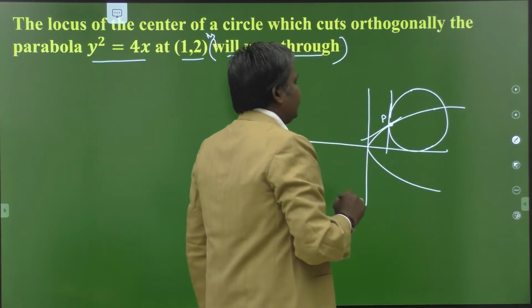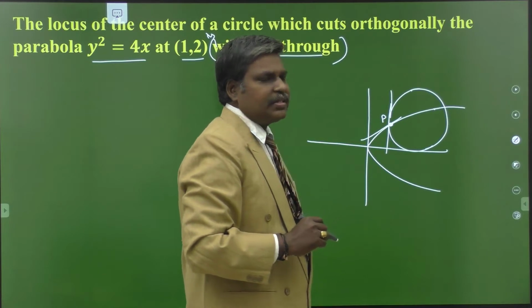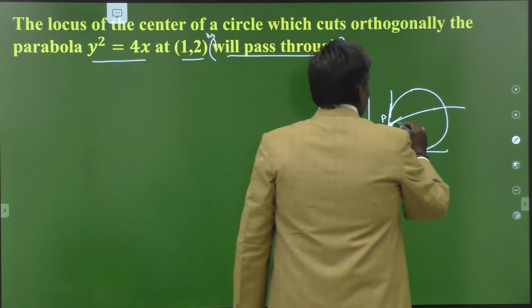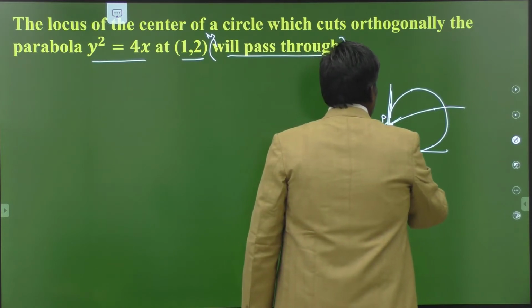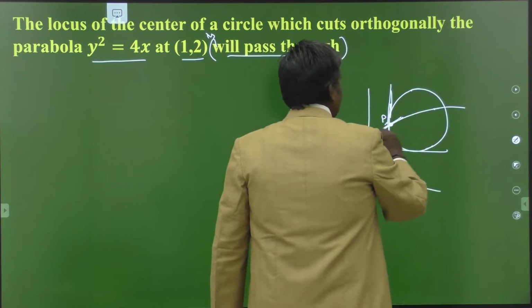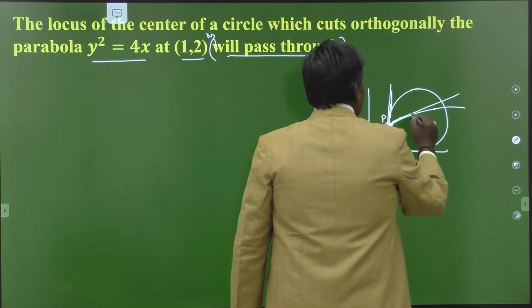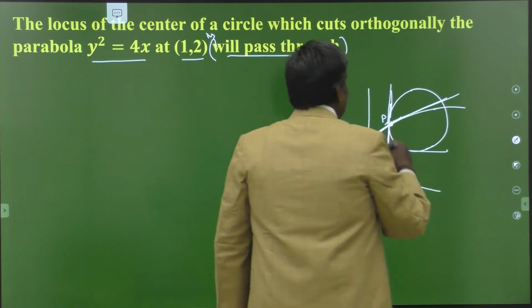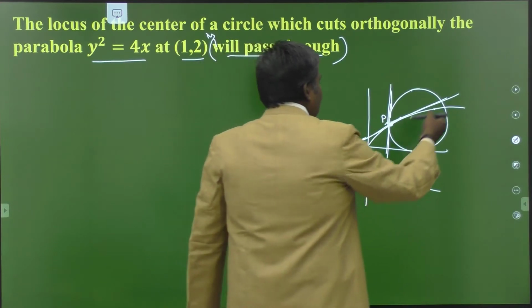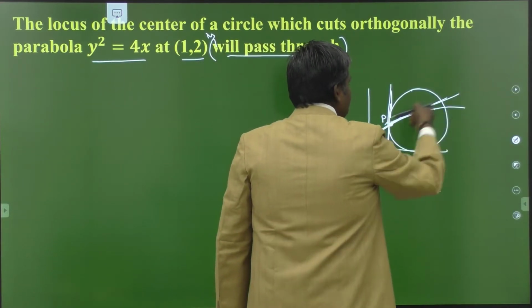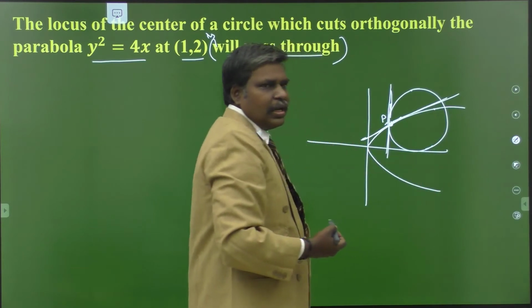If you draw the tangents at these points, the angle between them is 90 degrees. So this is the tangent to the parabola, then automatically if you draw the tangent to the circle, the angle between them is 90 degrees. So the normal to the circle is tangent to the parabola. Am I correct or not?